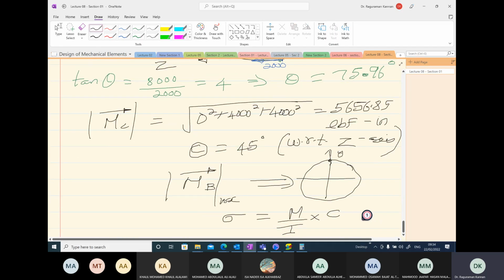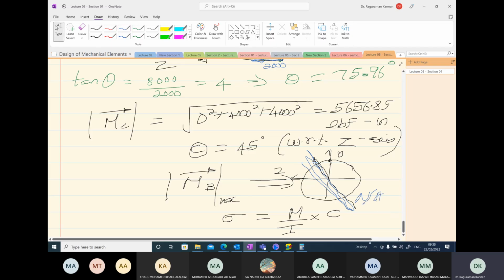So this is y, this is z, assuming that. The resultant direction of the axis will give me the direction of the neutral axis in the cross section. So let's say we go here and draw in blue color. This resultant direction is the neutral axis.